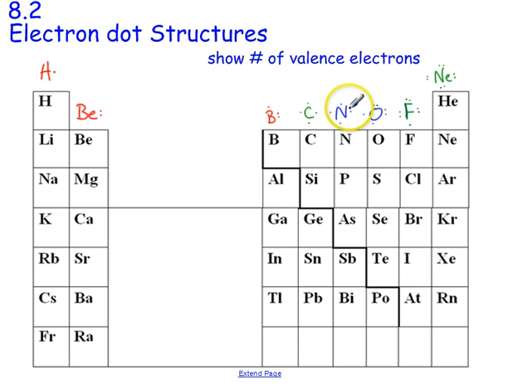And as you go forward, 5 valence electrons, 6 valence electrons, 7, and 8. So if you take a moment to write down those electron dot structures, you'll need those as we continue on in this lecture.